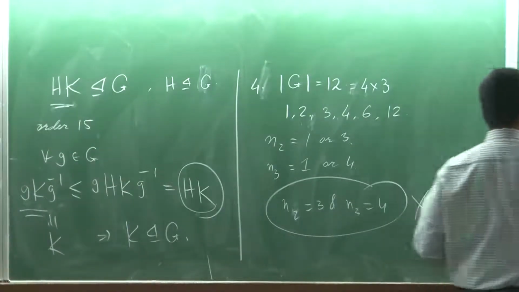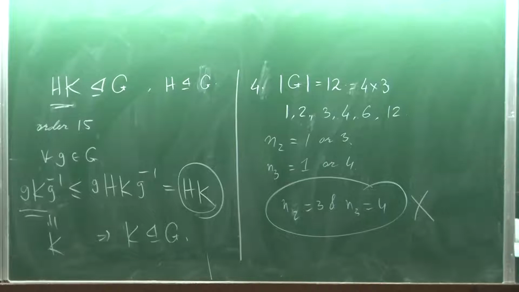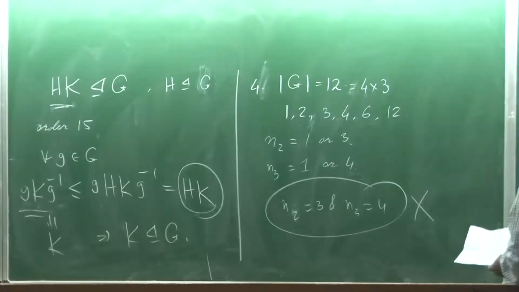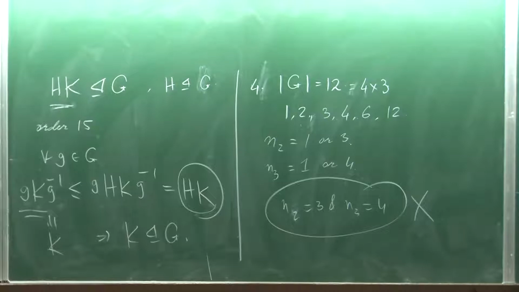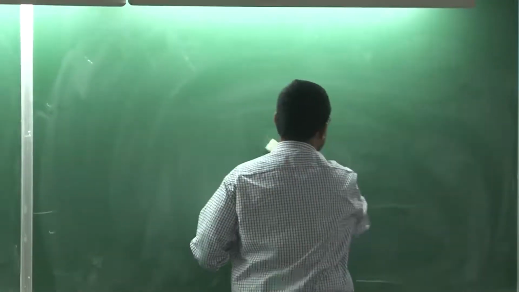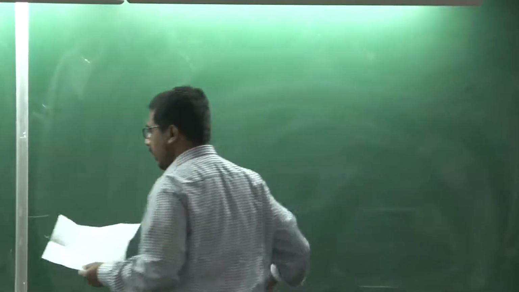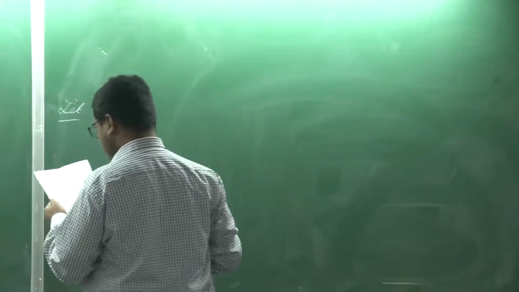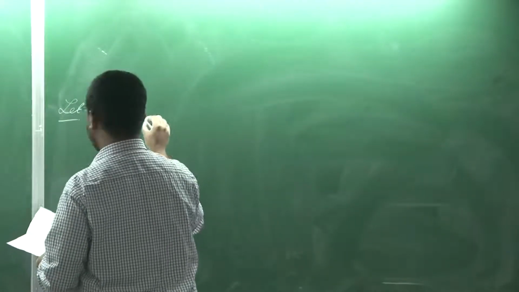Now let us consider the case when Sylow 3 subgroup is not normal. There we can see that in that case we can completely classify the group. Which is our ultimate goal, that we are developing all these machineries, theorems to classify finite groups. So now assume that n3 is 4.